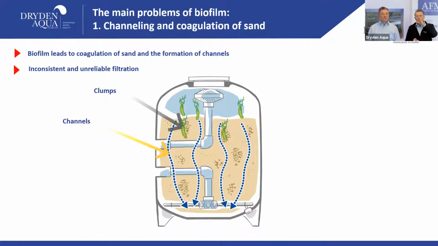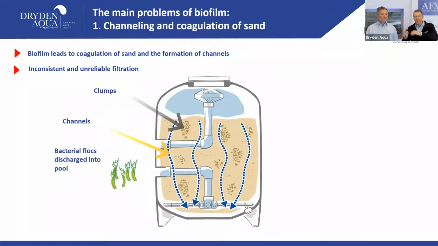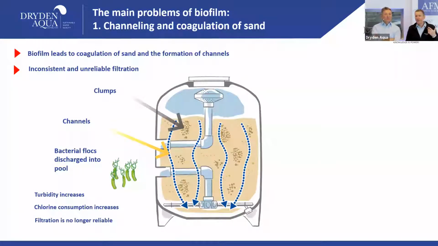And over time, you will start to see channels go through the bed. This means that bacterial flocks will be able to get discharged back into the pool. This means the turbidity in your pool will increase over time. Your chlorine consumption will go up over time, and you're becoming a very unreliable and unstable filtration.